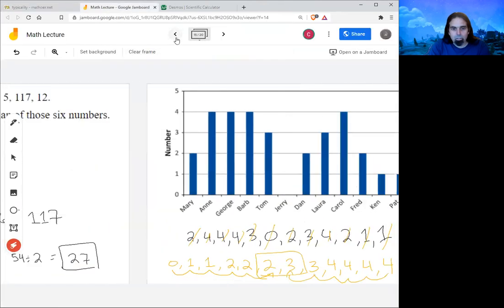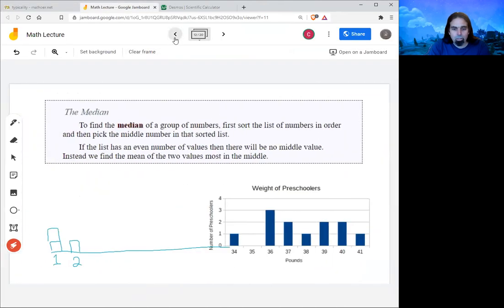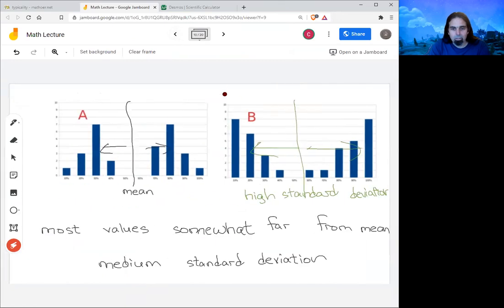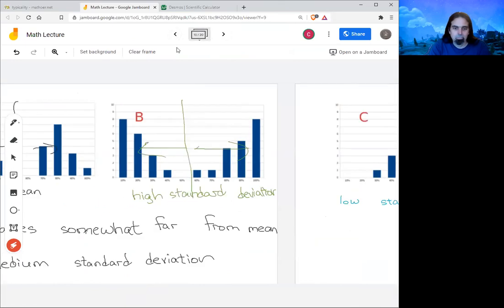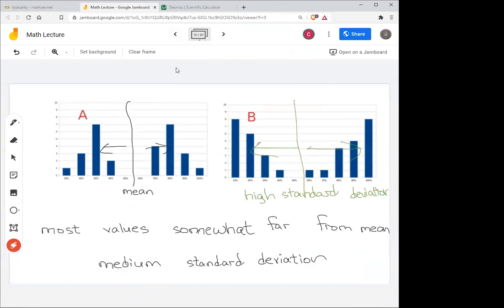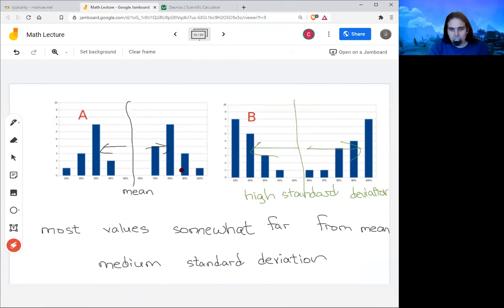I will give you a hint. Remember this stuff? Yeah. So is it surprising that some things are more than average and some things are less than average?